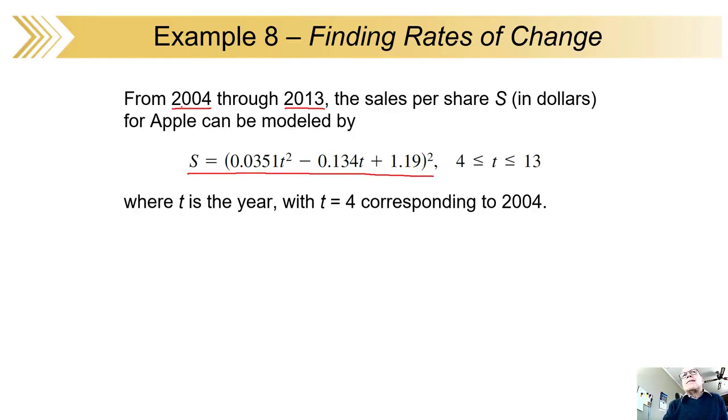Remember, the sales figures came from 2004 to 2013, so if we let T represent the number of years after 2000, our model is good for 4 to 13, or 2004 to 2013.